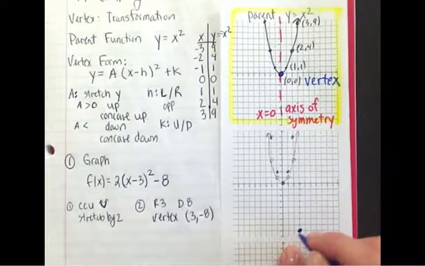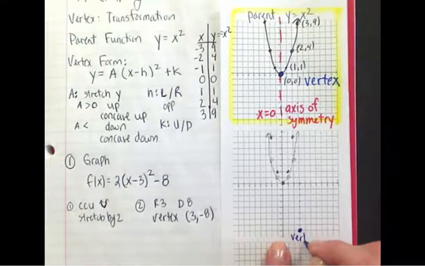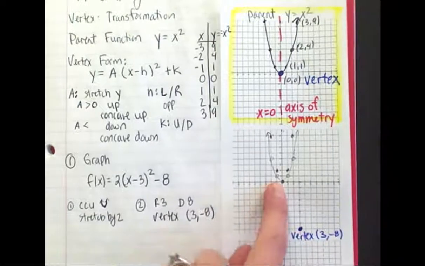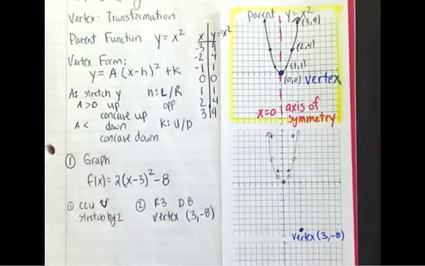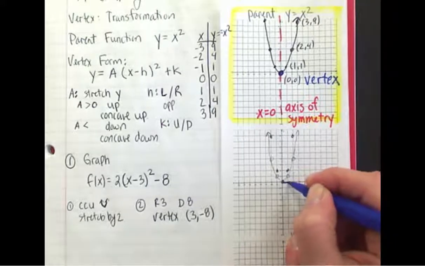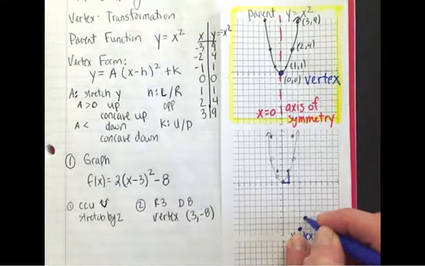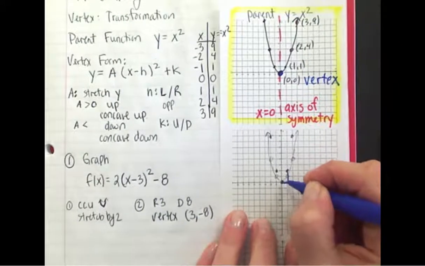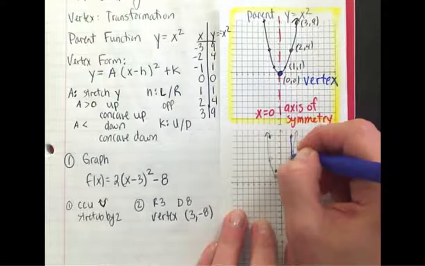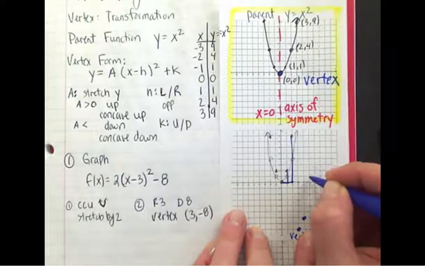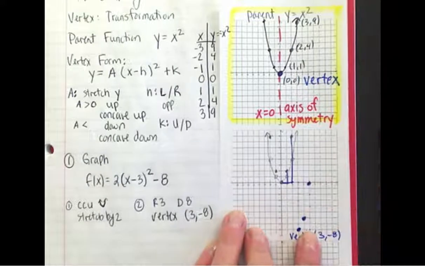And once I get my vertex of (3, -8), I'm just going to look at the orientation of those points compared to the vertex, and I'm going to draw them. It was over 1, up 2, over 1, up 2. Because I don't want to get lost in my counting, now I'm just orienting it based on my vertex. Now this one was over 2, up 8. 2, 2, 4, 6, 8.